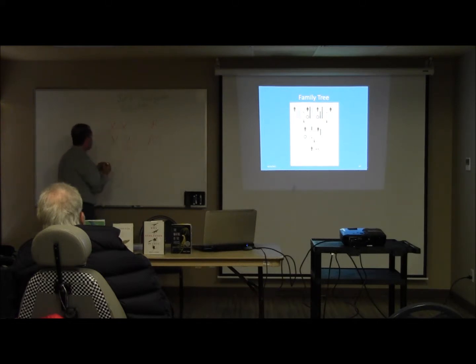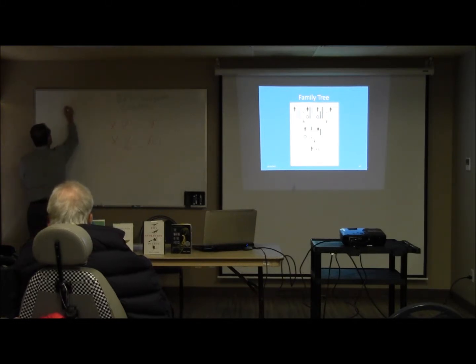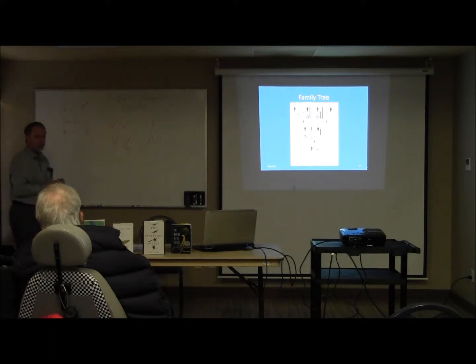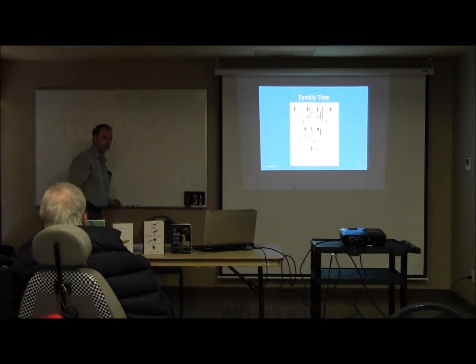This is the symbol for female, that's the symbol for male. If you have children, if they have only daughters, this guy's Y chromosome didn't go anywhere because his X chromosome went. So the Y would have to come from the next generation.